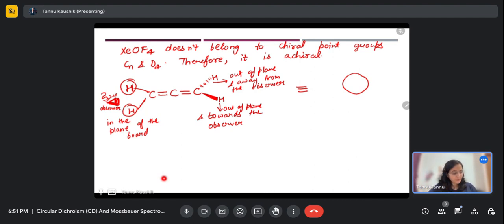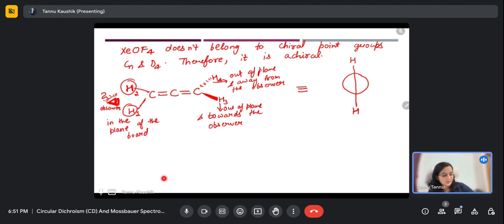Okay, so here these two hydrogen atoms I'm labeling as 1, 2, these are 3, 4. If I'm observing this molecule, these two hydrogen atoms are in front of me, so I'm drawing it like this.